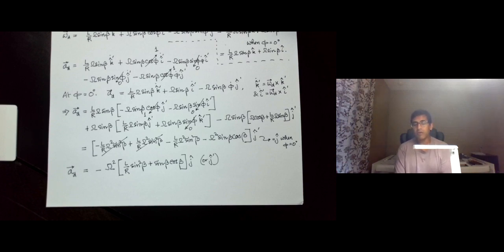As a result of our triad being fixed to the disk, we had to be careful about considering the most general configuration of the triad in expressing our vectors. We had to be careful about calculating the time derivative of those rotating unit vectors, and also we had to consciously allow the time derivative of the angle phi, because clearly that's not a constant.